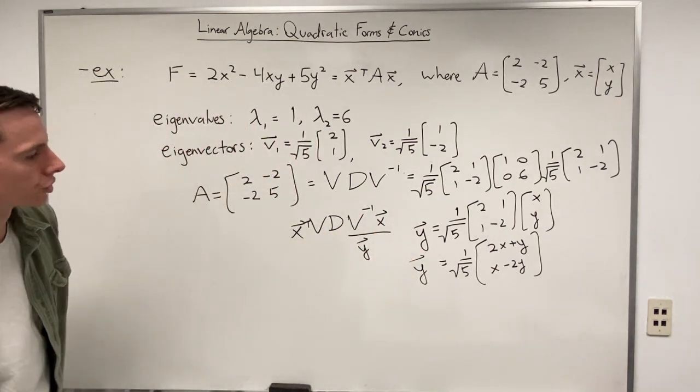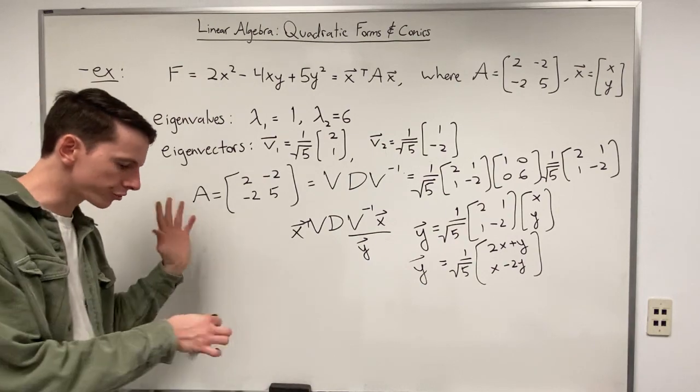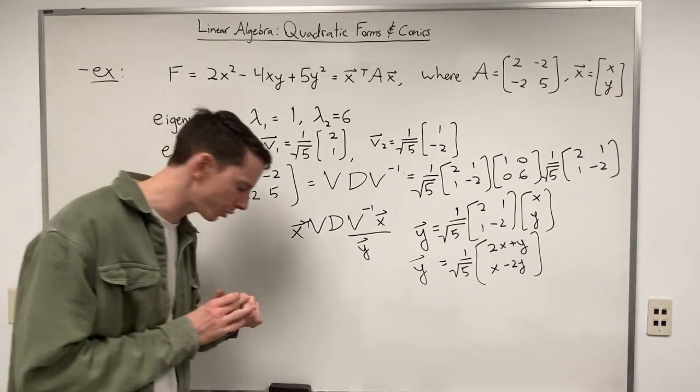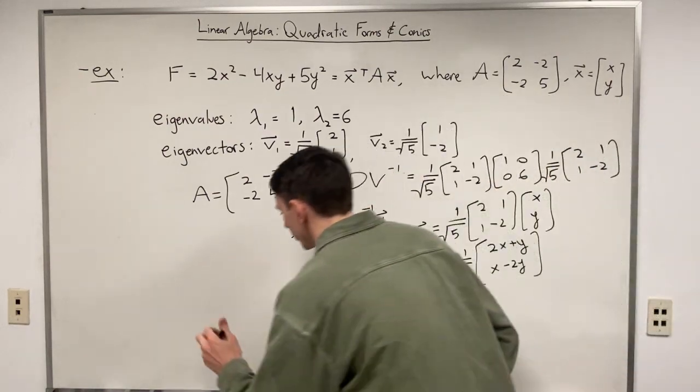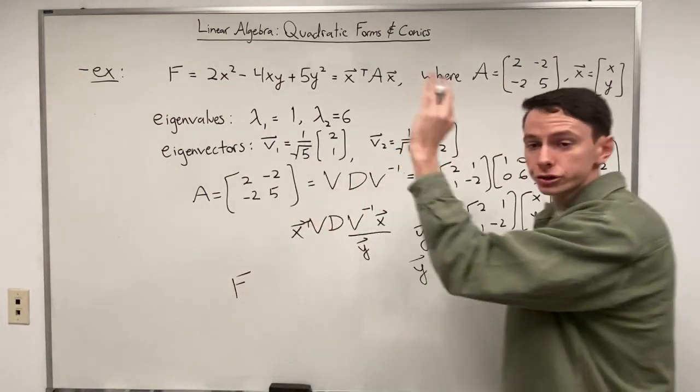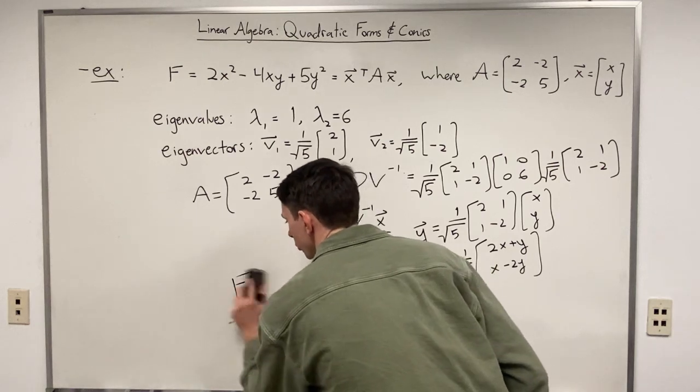Okay. So we already knew from the previous whiteboard that we were able to write our quadratic form as the following summation.